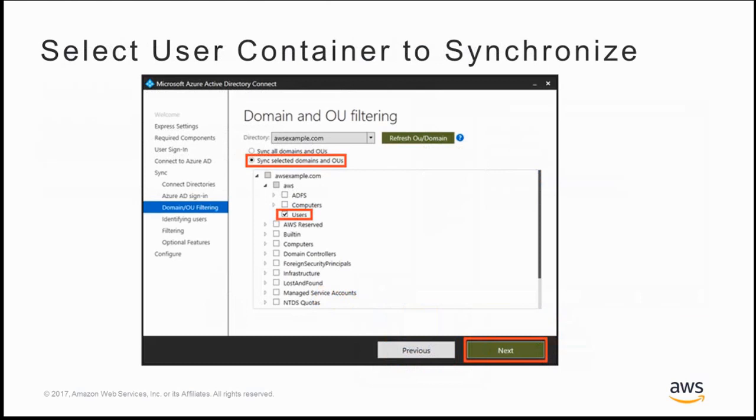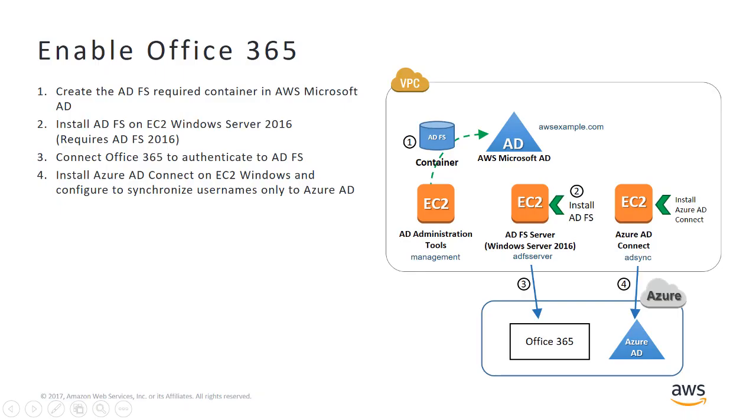With that in place, you'll get the domain and OU filtering screen, where you click the box to say you want to synchronize your users. This will synchronize your users into Azure AD, and it will just be the user accounts, not the passwords.